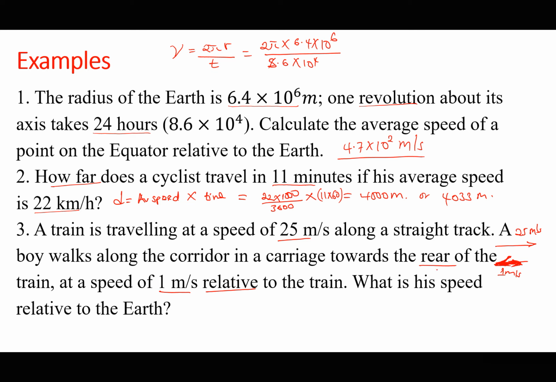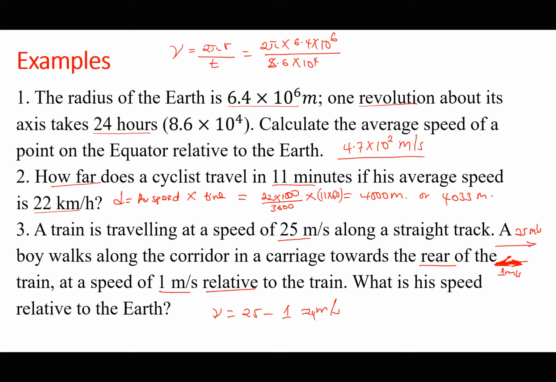So he's moving the other side, towards the back. What is his speed relative to the earth? So we're just going to subtract these two speeds. So the relative speed is simply going to be 25 minus 1, which is 24 meters per second.